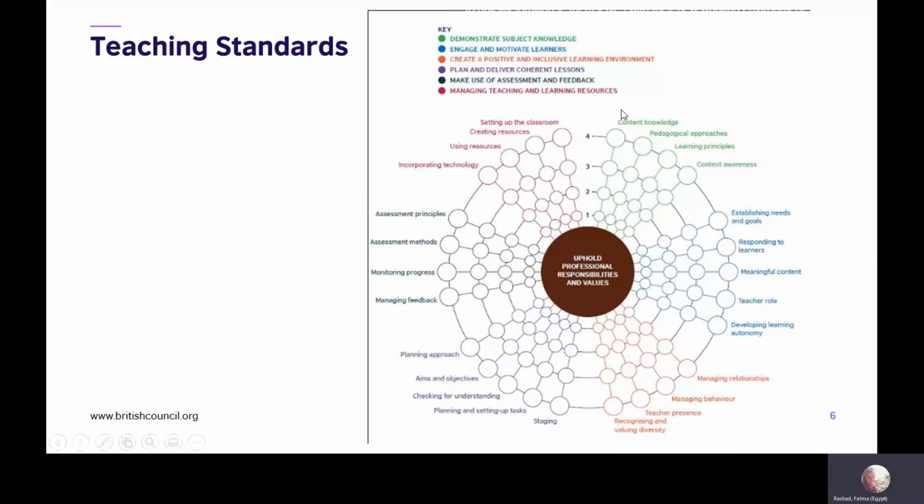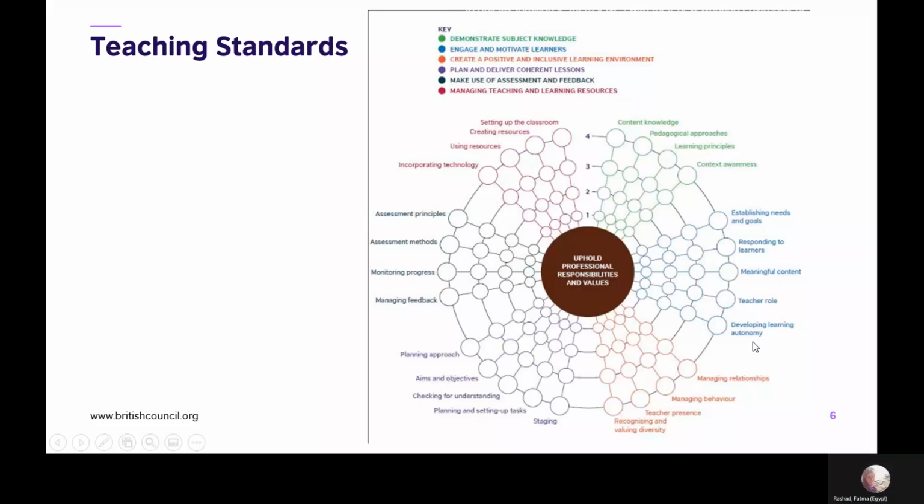Here is a description of the teaching standards. You'll find that each teaching standard has different competencies. For example, if we look at engage and motivate learners, it includes establishing needs and goals, responding to learners, meaningful content, teacher role, developing learning autonomy.